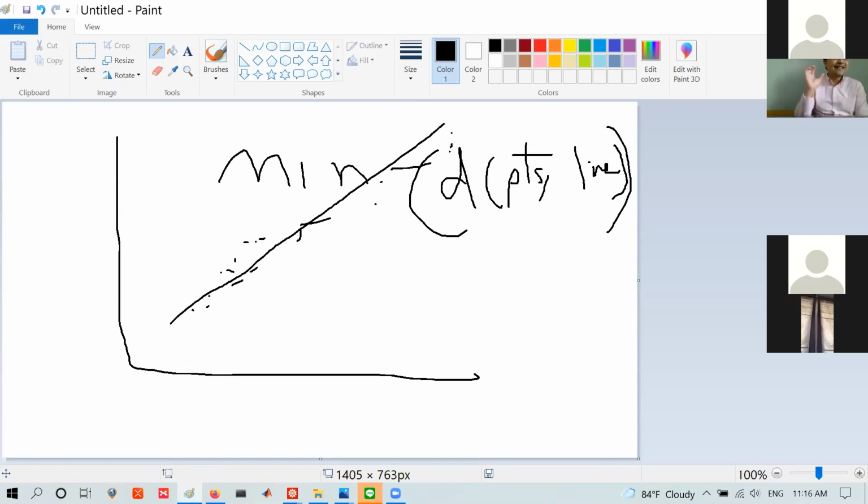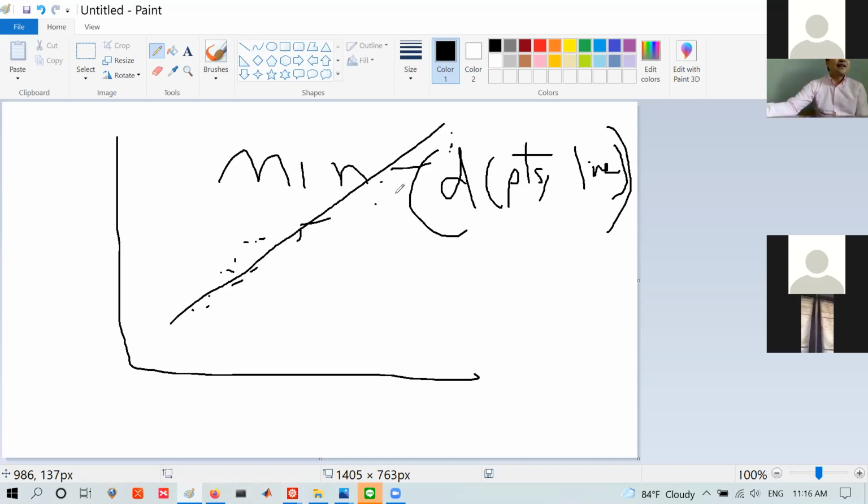Now, the same concept is exactly what drives modern machine learning algorithms, except the function is a lot more difficult. Instead of a function that represents a line, it's a function that represents classification of pictures.